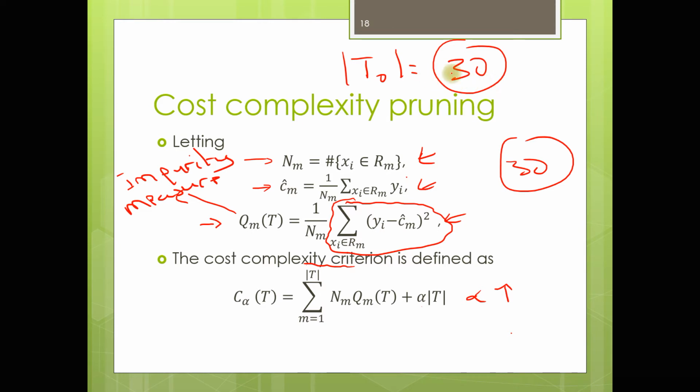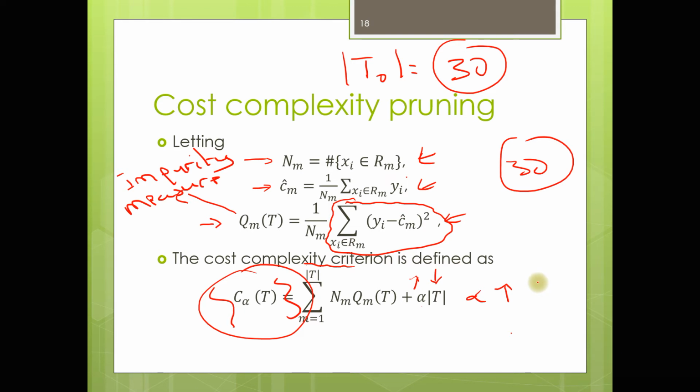So it means that if you are increasing your alpha, obviously you have to decrease the number of terminal nodes in your tree. And by decreasing the number of terminal nodes, you try to keep a balance within this total error rate, the training error. So this is the idea. As alpha is increasing, the number of terminal nodes should decrease.